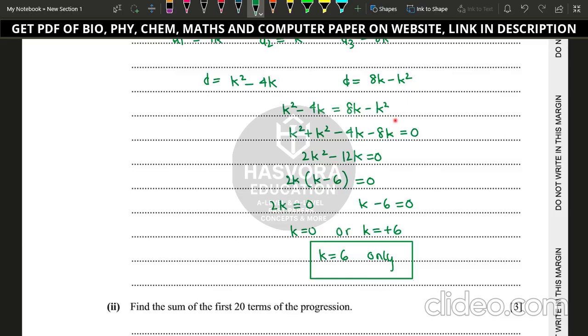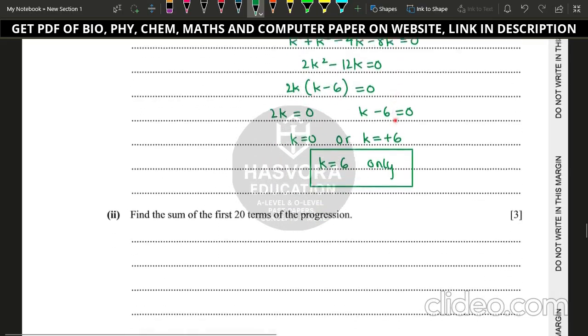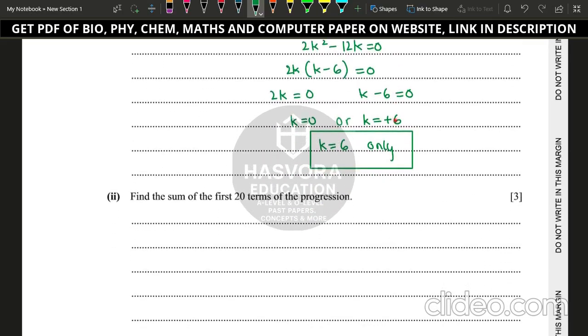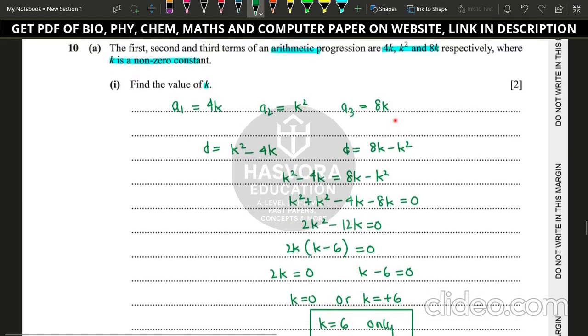Now they are telling you find the sum of the first 20 terms of the progression. Now the formula for this is Sn is equal to n by 2 into 2a plus n minus 1 into d. So what we'll be needing is the first term, which is a, and we'll also be needing the d. So what was the first term? It was 4k.